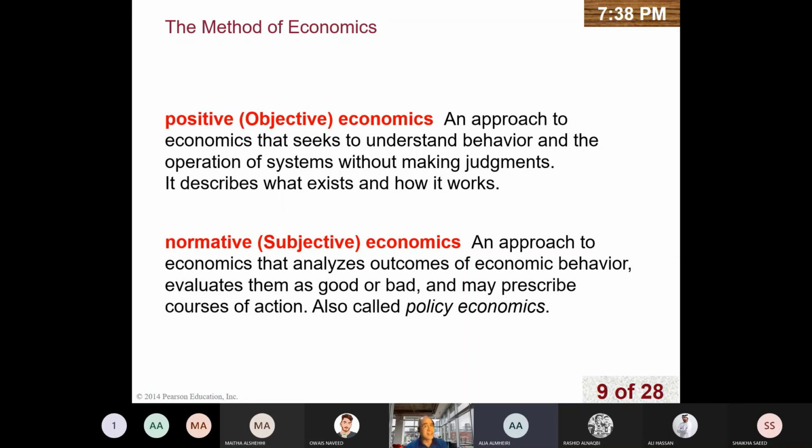So what is subjective economics? It is an opinion. It is not a result. So there is no evidence to prove my opinion.